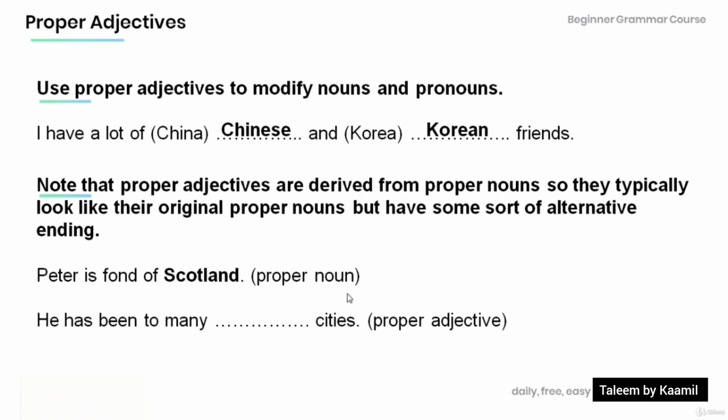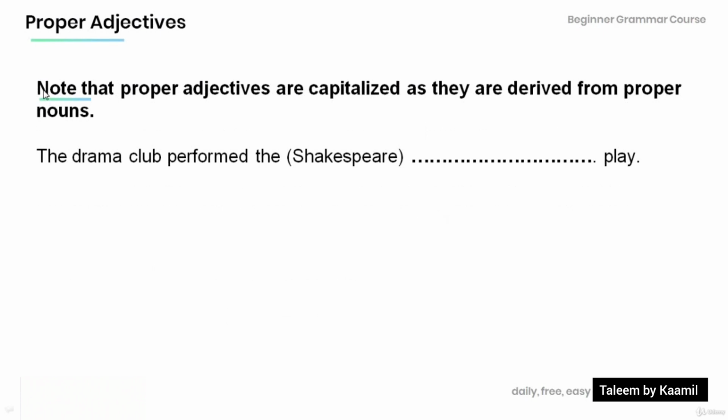Scotland is a proper noun. He has been to many cities. He has been to many Scottish cities. Remember, the proper adjectives are capitalized as they are derived from proper nouns.